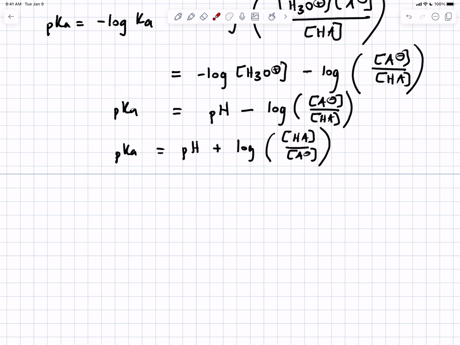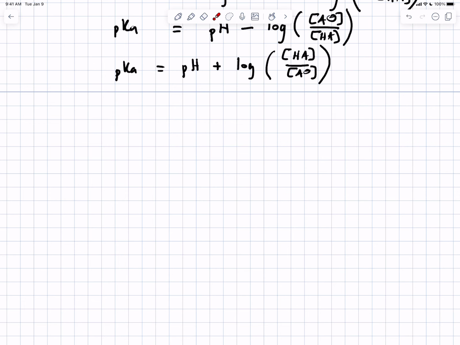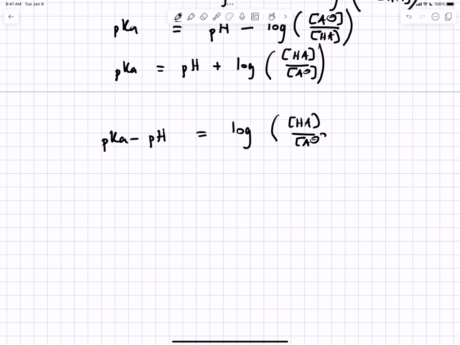But I'll show you an even more fun, more useful form of this equation. And that is to look at pKa minus pH equals log of HA over A minus.